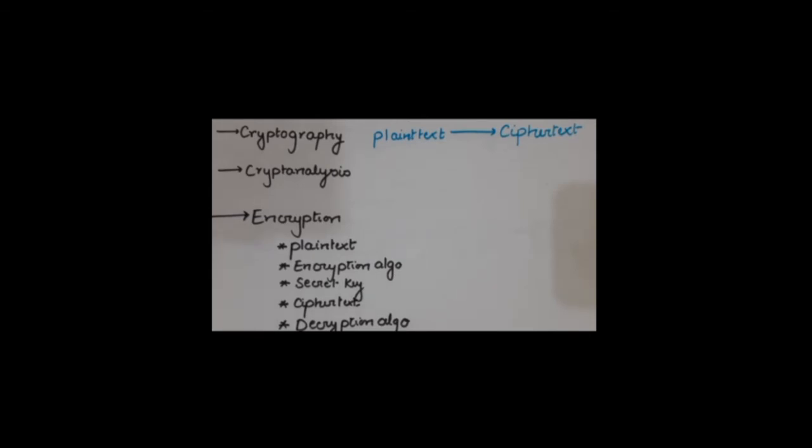I have the ciphertext, I have the wrapped message, and I do not know what the plain message is, and I am doing cryptanalysis. Then what am I doing? I am actually trying to find out the hidden aspects of the system that will let me reach the plain text.